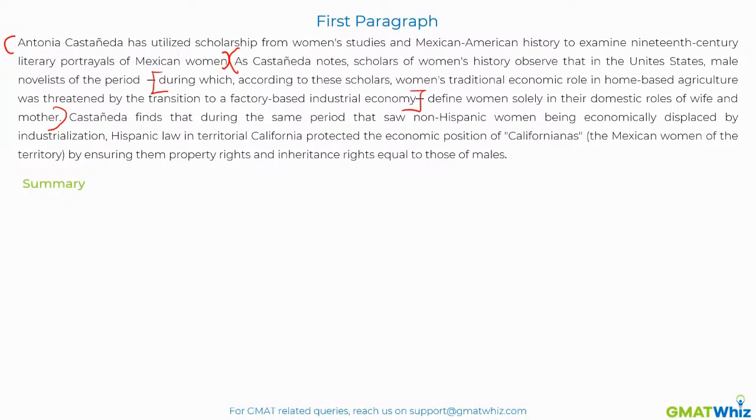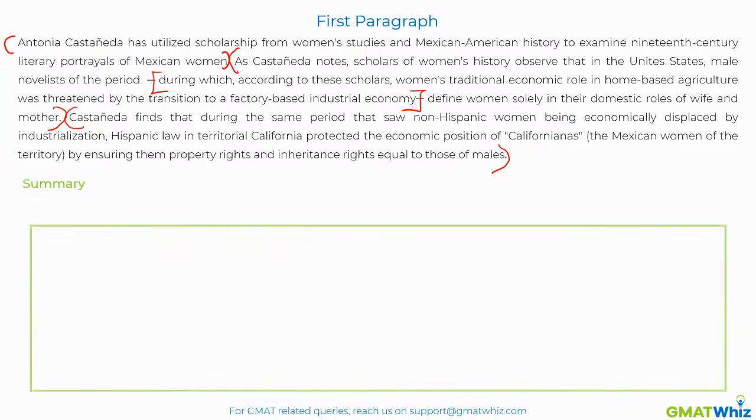And then finally, the last sentence which begins here and ends here. Okay, so again, because time is short, I'm not going to exactly follow the intended involved meaning approach, but that is how I'm deriving these understandings. From the first sentence, we get to know that the author is introducing the subject studied by Antonia Castaneda.